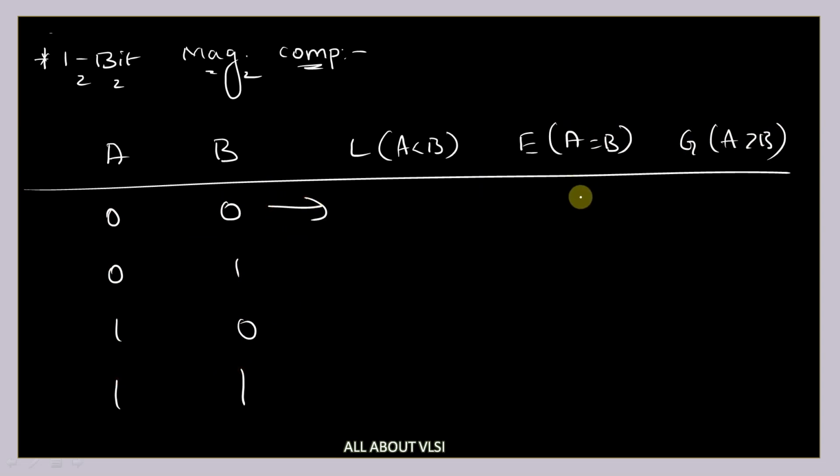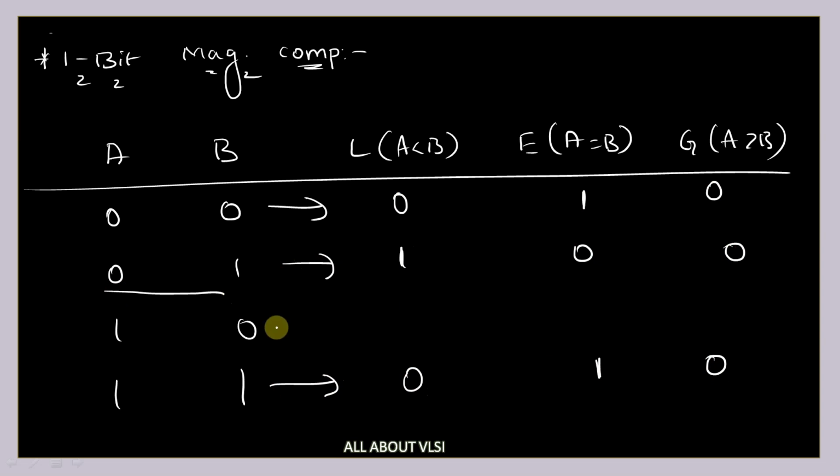Equal to will become 1 in these two cases, and 0 in the others. A is less than B for input 0 1, and A is greater than B for input 1 0.